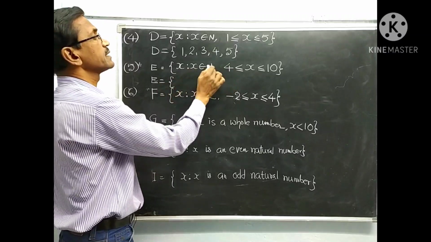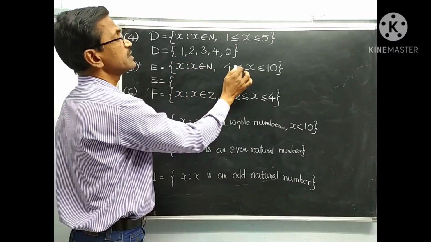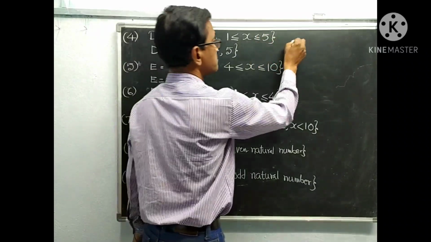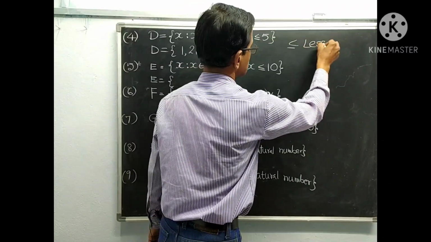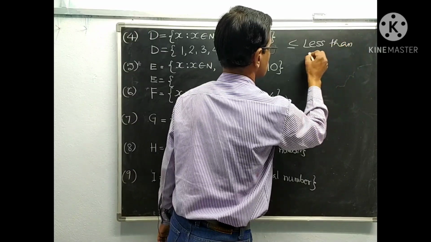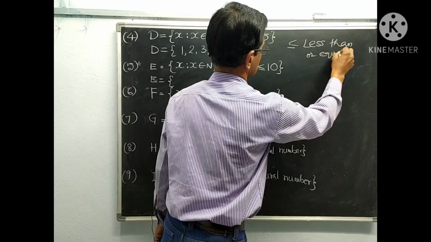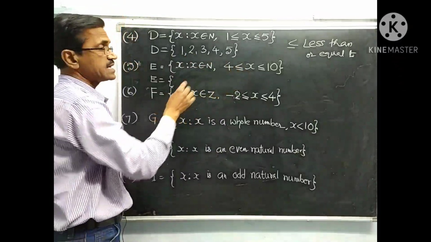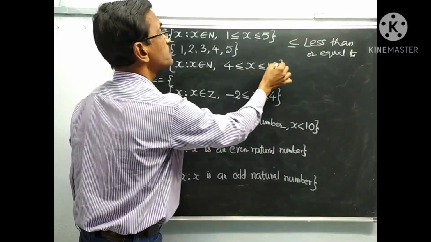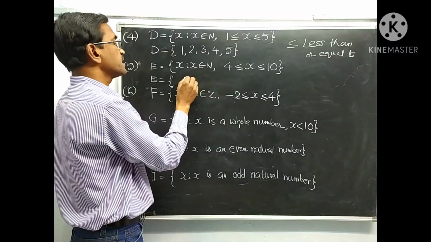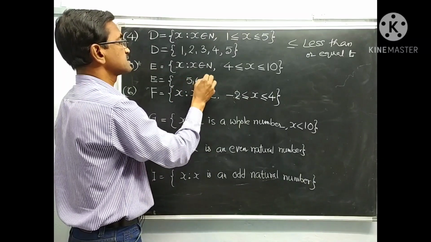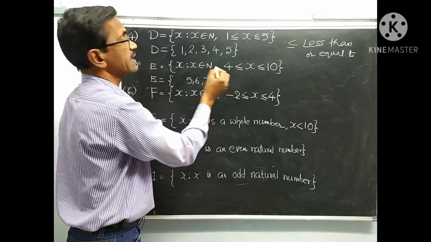Next example, E is equal to x such that x belongs to N, 4 less than or equal to x less than or equal to 10. The symbol represents less than or equal to. That's why, first of all, let us write the numbers between 4 and 10: 5, 6, 7, 8, 9.